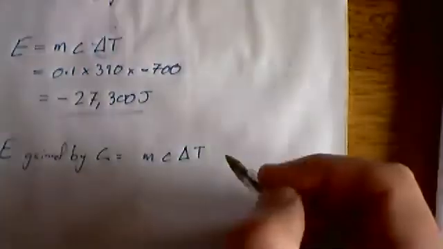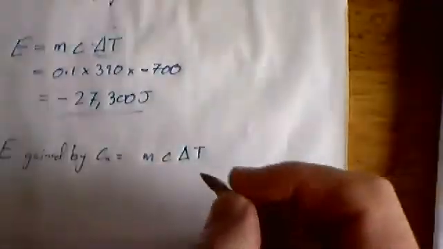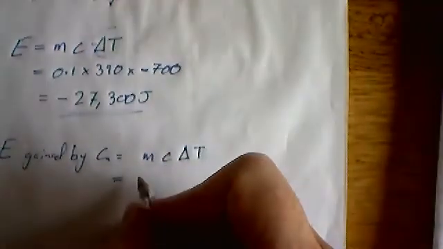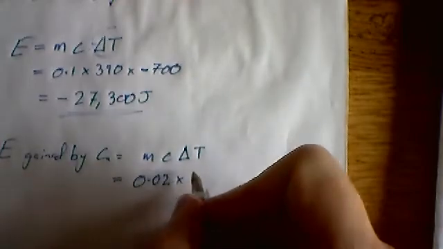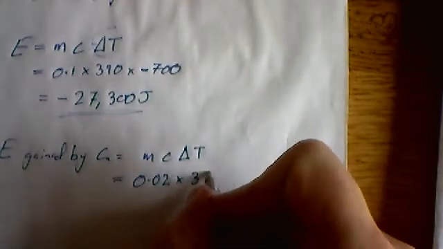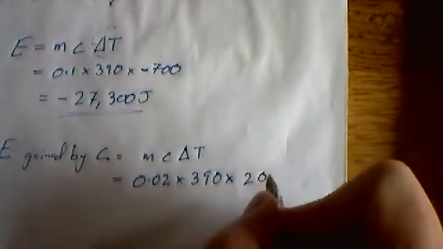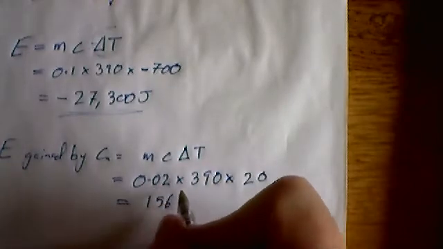It's not going to get any hotter than that because the energy is now going into turning the water into vapor. So for our copper can, the mass multiplied by the specific heat capacity of copper times the change in temperature means our copper can is going to gain 156 joules.